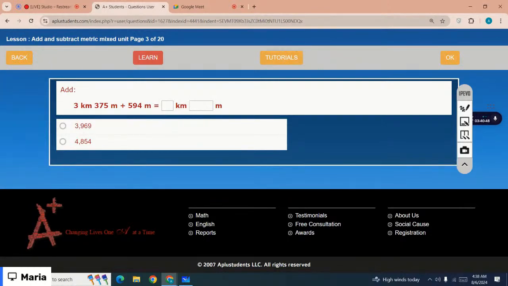3 kilometers 375 meters plus 594 meters. So which is the correct option?